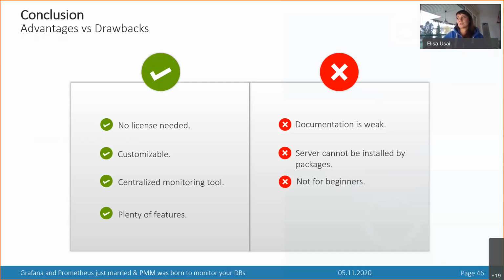And maybe it's not for beginners. You have to have some knowledge of monitoring already, and to know how Prometheus and Grafana work a little bit to understand the product, even if it's integrated.